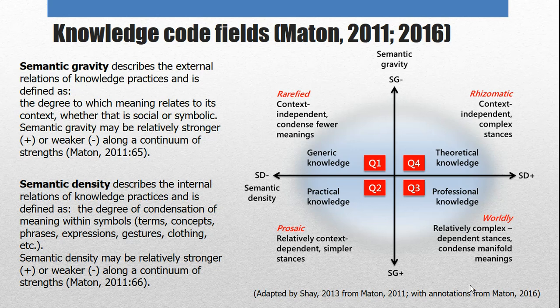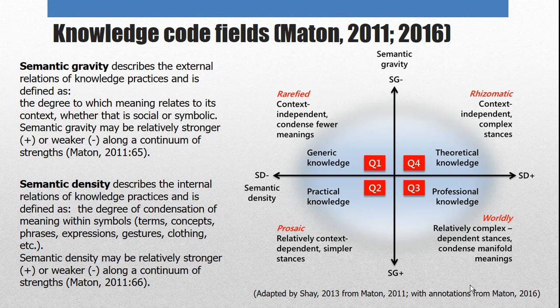If you have minus, it's a weakening, and if you have plus, it's a strengthening. And semantic density relates to the internal relations of knowledge practices, the condensation of the concepts, theories, models, the conceptual knowledge. Again, you have a minus and a plus. So now you can actually start positioning the knowledge within the semantic plane.